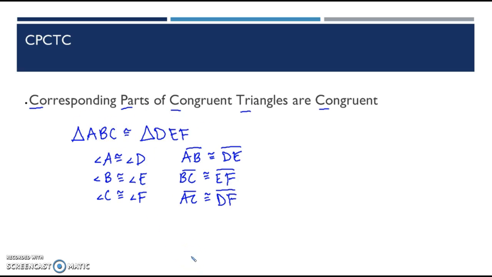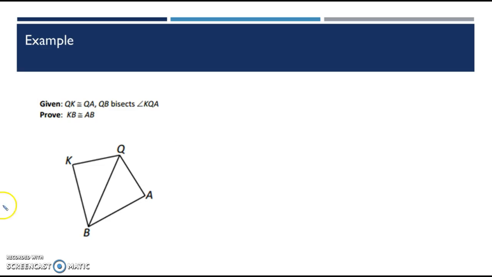We're going to use this theorem to take our proofs that we've already been doing one step farther. So for example, here's my picture, my given, but this time instead of proving that the triangles are congruent, I'm going to prove that these specific sides are congruent. To do that, I still need to prove that my triangles are congruent, and we're going to do that the same way we've been doing.